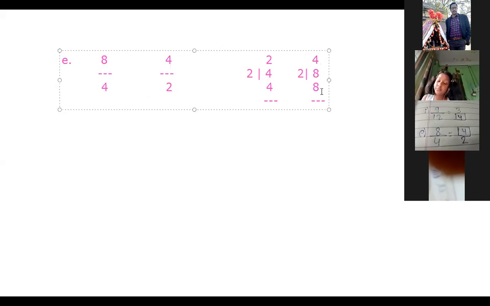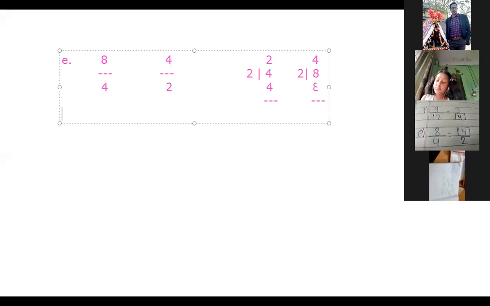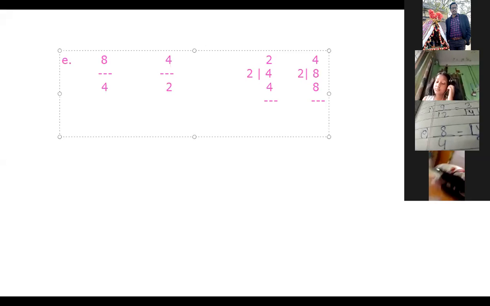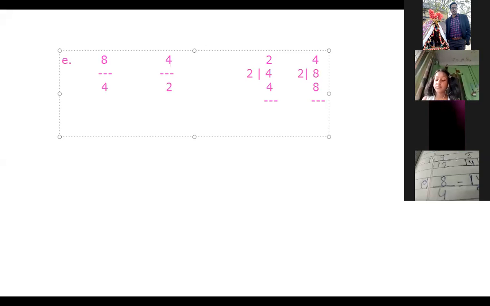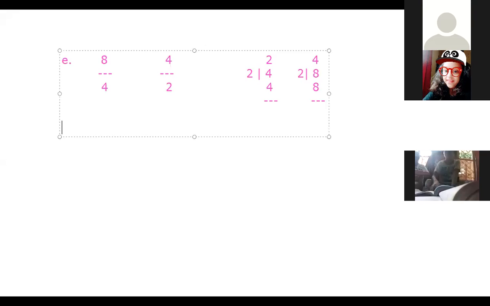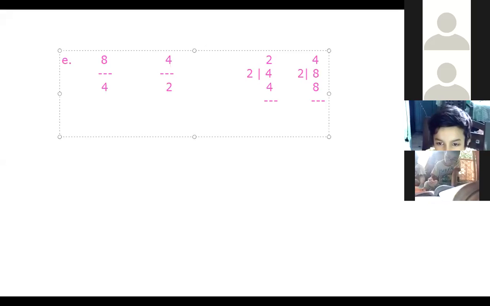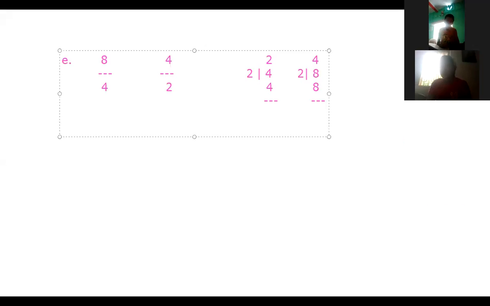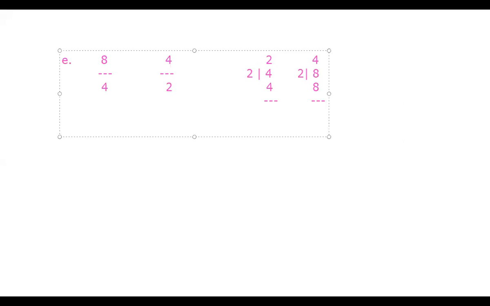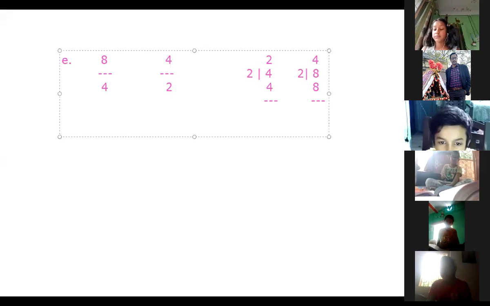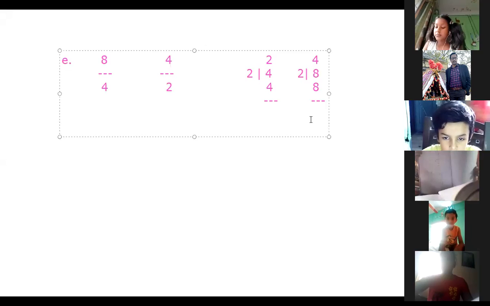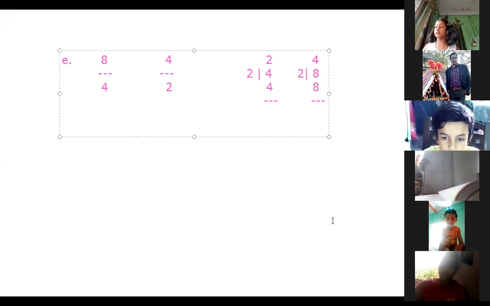Here I can see Yuvraj is showing only the answers. Others, please show your copy. Let me see the people. I cannot see, lots of people are not showing their copies.